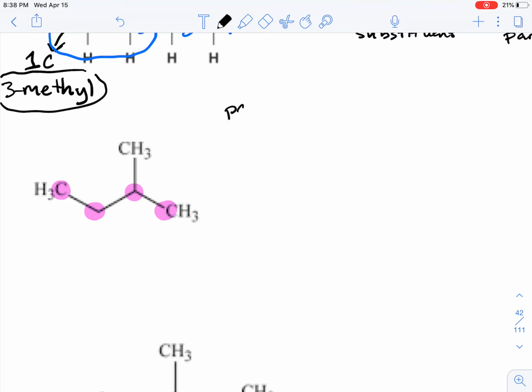So therefore my parent chain is going to be 4 carbons, and they're all single bonds, as you can see. And so therefore my name for the parent chain is going to be butane. So let's talk about the substituent.